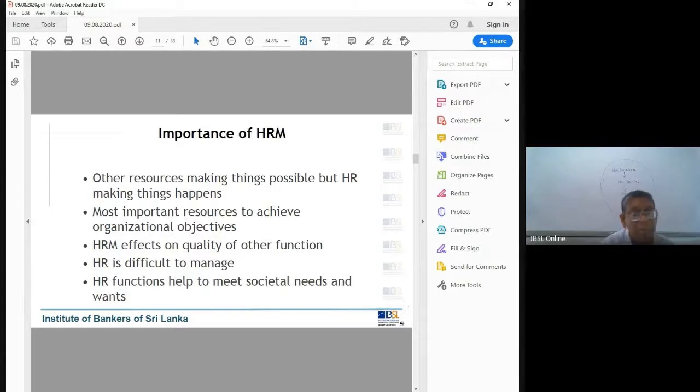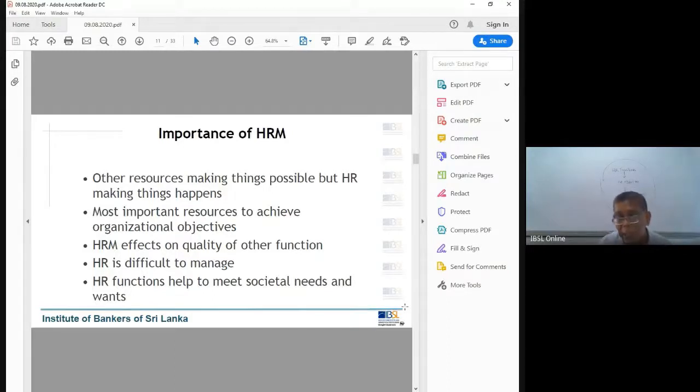Right? And remember, HR is very difficult to manage. That is why we have to pay more attention to HR. And also remember, HRM is the responsibility of every manager. You can write that as a separate point, as it's not mentioned. HRM is the responsibility of every manager. It is not necessary that you become an HR manager.